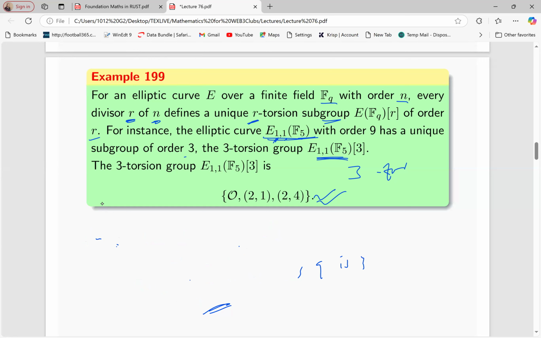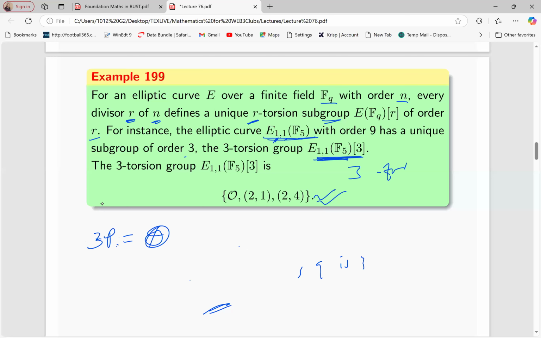The elements here are 9. It's supposed to go through all those elements and see which one of them, when multiplied by 3, would give us the identity.